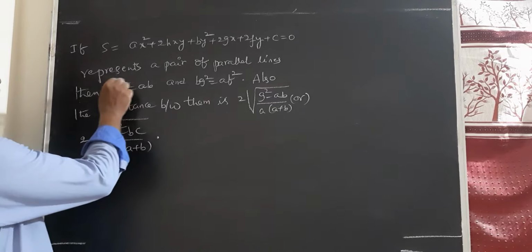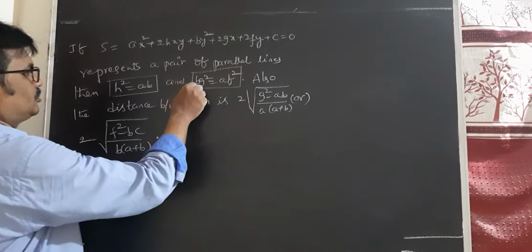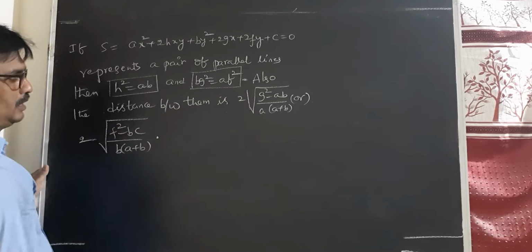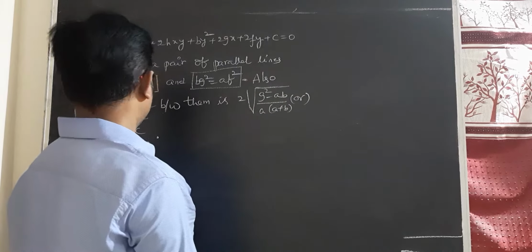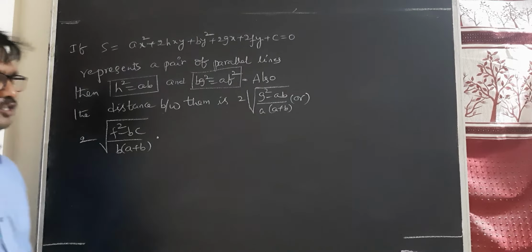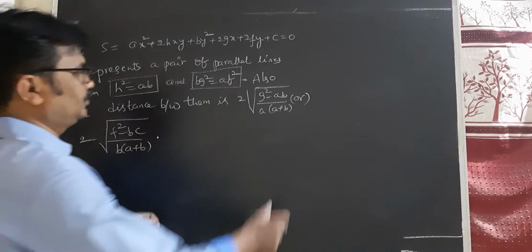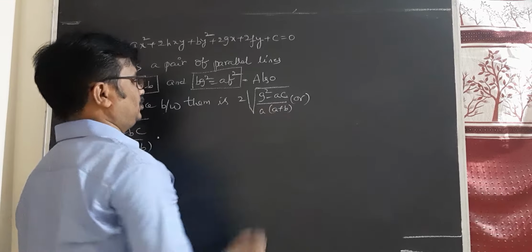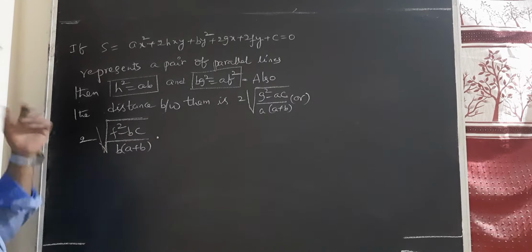Then we saw that h square equal to ab and af square equal to bg square, and also we find the distance between the parallel lines is 2 into under root of (g square minus ac) by (a into a plus b). What is it, students? The g square minus ac. This is not b. The g square minus ac by a into a plus b, or f square minus bc by b into a plus b.